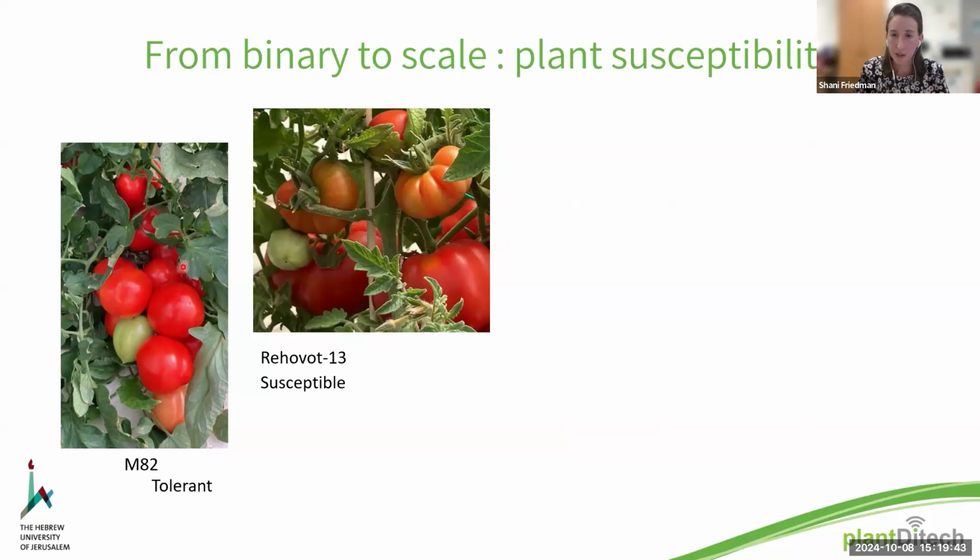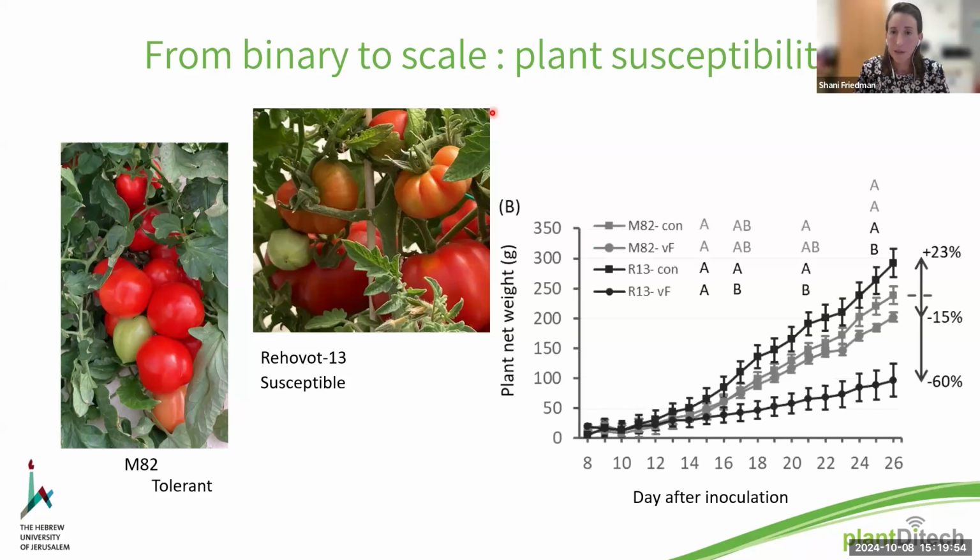This is an industrial cultivar named M82 that is tolerant to Fusarium, and this is Rehovot 13, which is susceptible to the pathogen. We followed the plant weight after the inoculation, and we could see differences between the cultivars. You can see the trend starting very early on, but we will look at this stage.